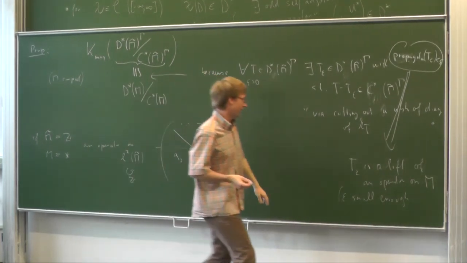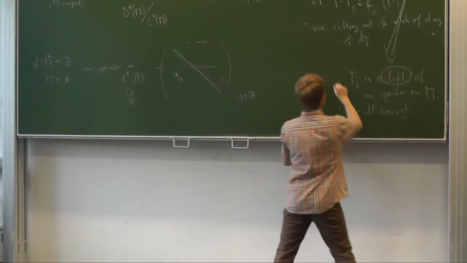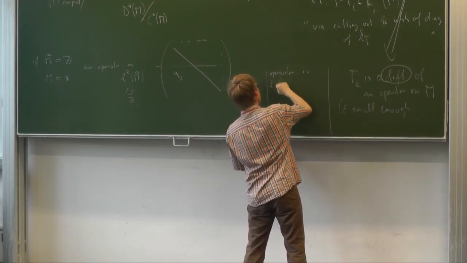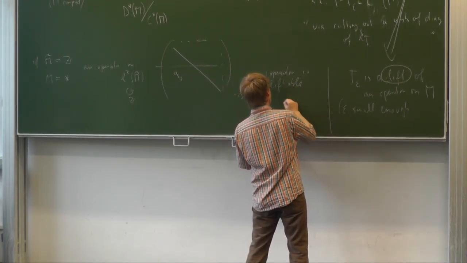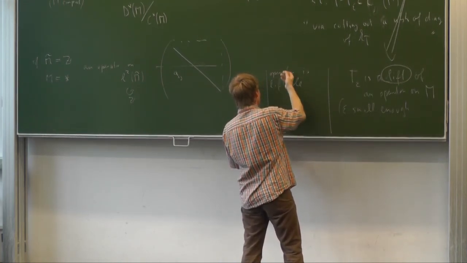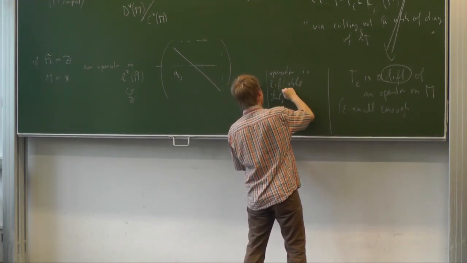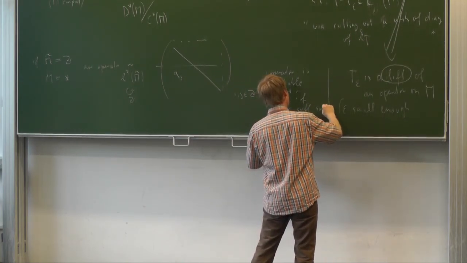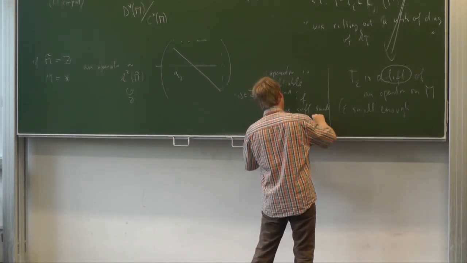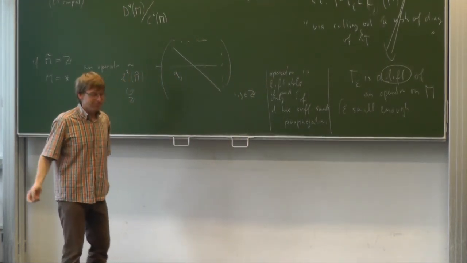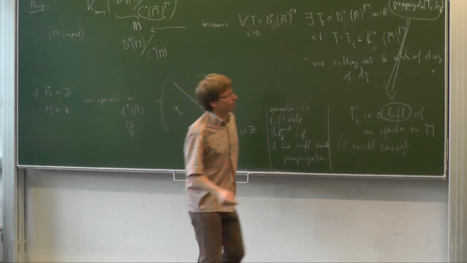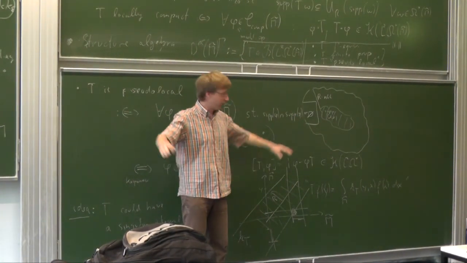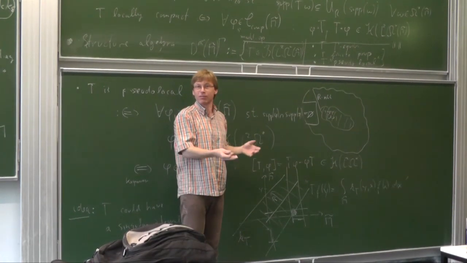So liftable operators have small propagation. And we should maybe say here an operator is liftable in a sensible way only if it has sufficiently small propagation, such that you can just, in this picture, think of the operator downstairs as one which has small support in the diagonal and you just unroll it, whereas if downstairs it's kind of mixed up, you don't know how to unroll it upstairs.